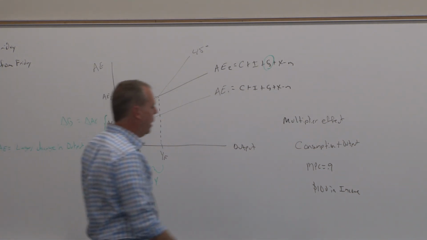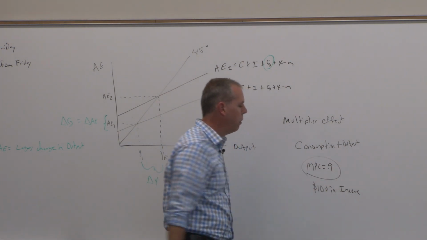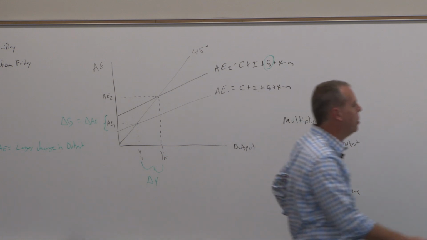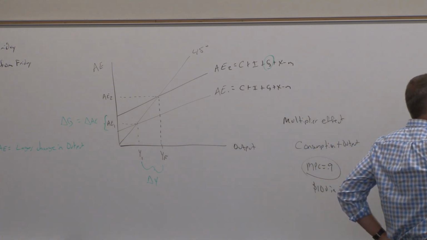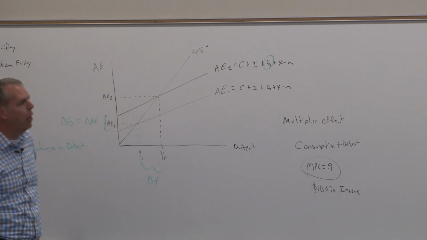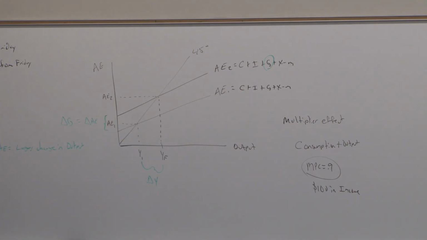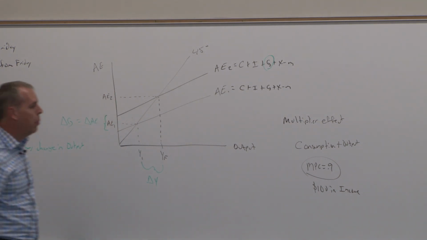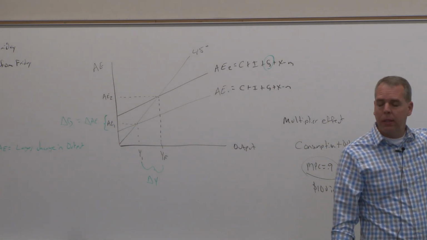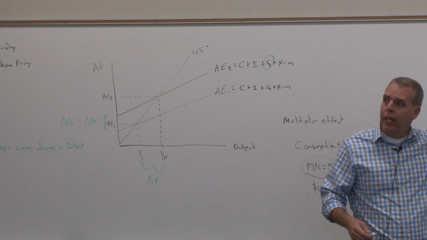And what this says is that people are going to spend 90% of this. So consumption goes up by 90. Now here's what's interesting. We've got this additional $100 in income. They're going to go out and spend $90. But when they're consuming these dollars, that's somebody else's income.